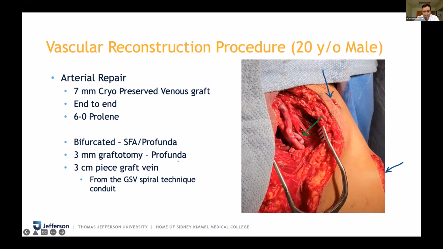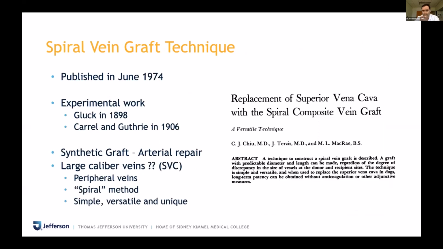However, because there was a little bit of tension and we didn't want it to kink the repair, to bring it down like that, a small piece of the vein graft that was obtained with the spiral technique was actually used to bridge between the cryo vein to the SFA, to the deep, to the profunda, I'm sorry. And here the blue arrow shows where the lateral incision was for the fasciotomy. So that's how we repaired it.